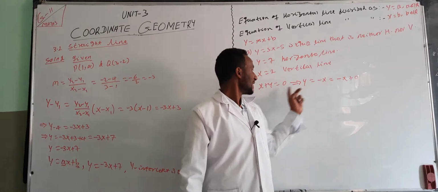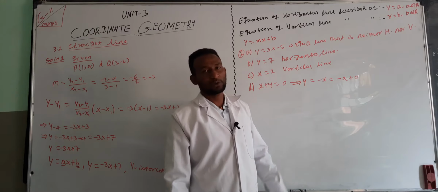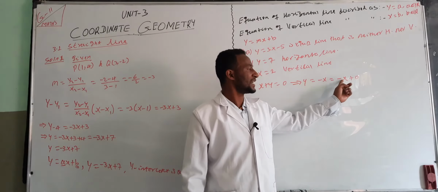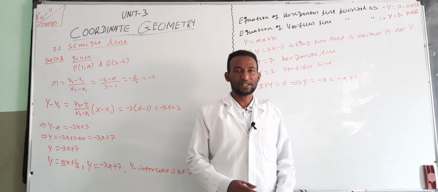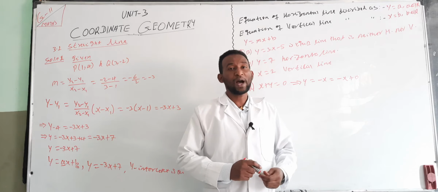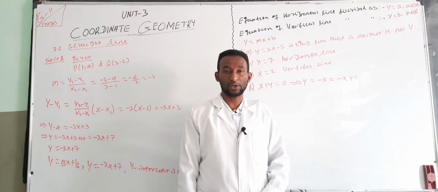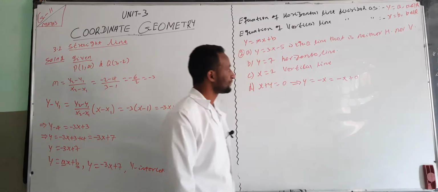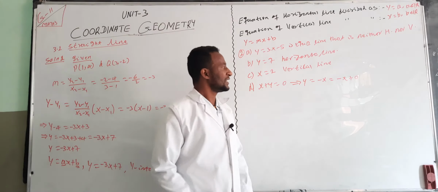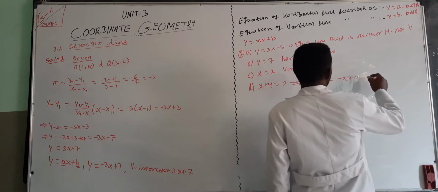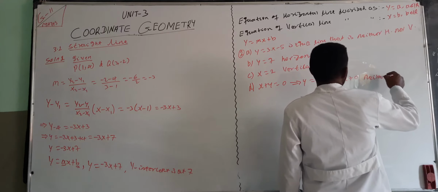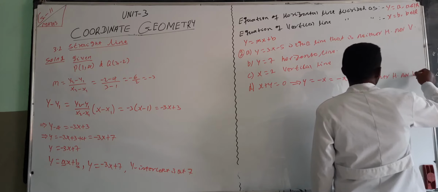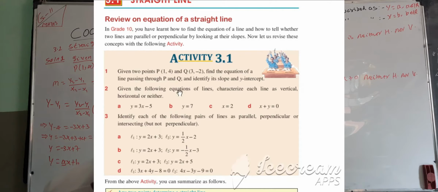Therefore, the slope of this line is negative 1 and the y-intercept is at 0, at the origin. Therefore, the y-intercept and the x-intercept are at the origin. So this is neither horizontal nor vertical.